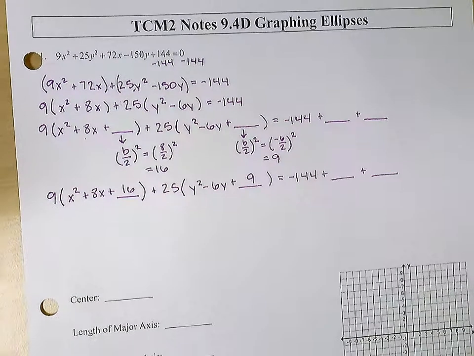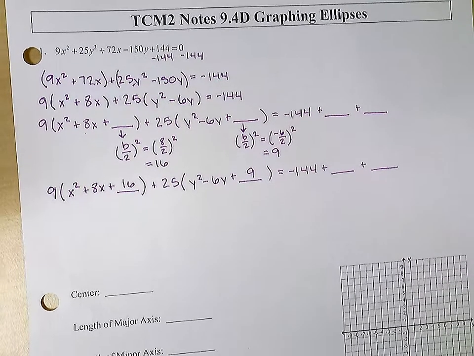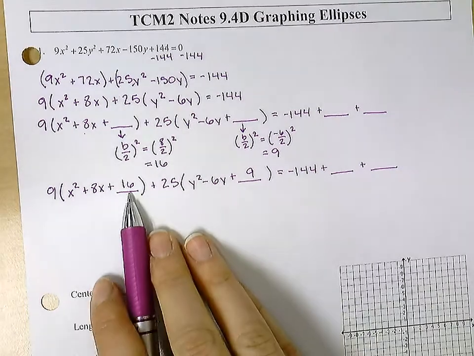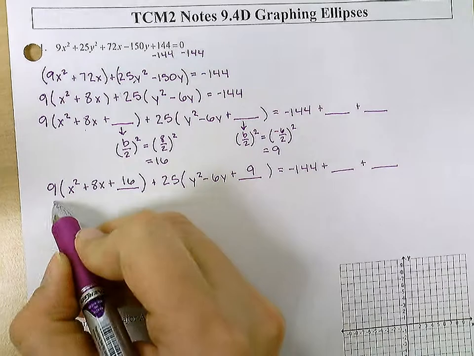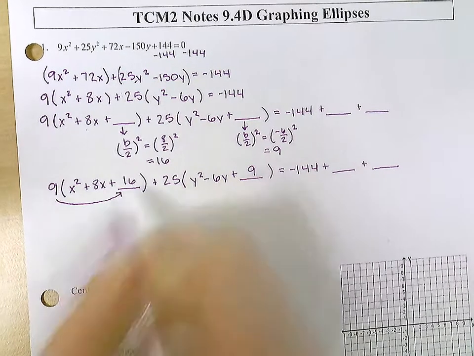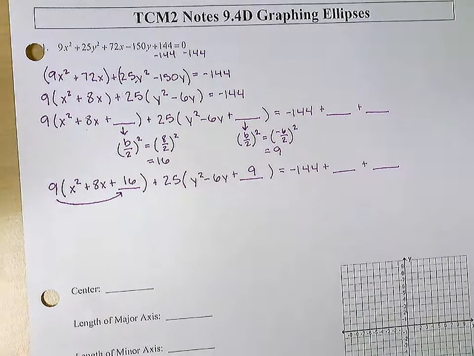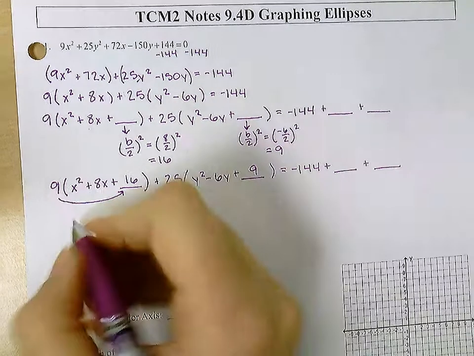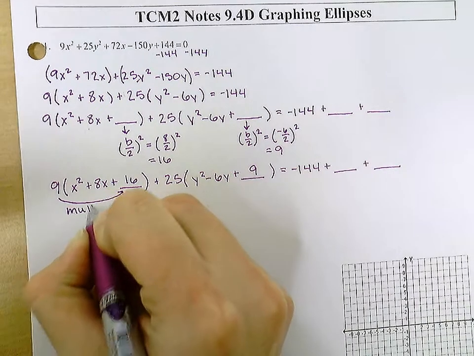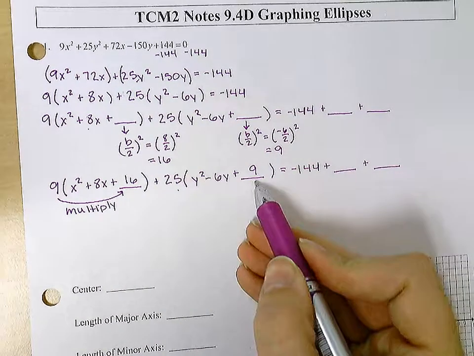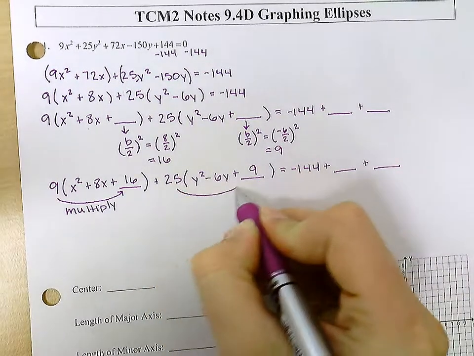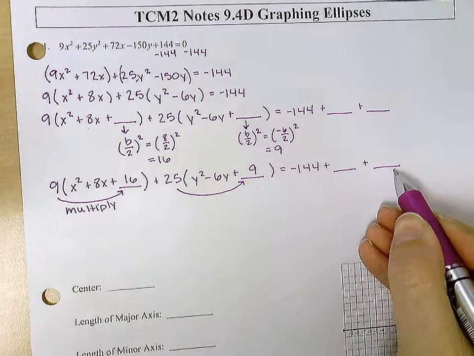Now I'm not writing 16 and 9 in those 2 other quantities. I added a 16 here, yes, but what I really added on here was this 9 times 16. You have to distribute that back in. So you have to multiply these. Same thing with 25 and 9. You have to multiply those together to get what's on the right-hand side.